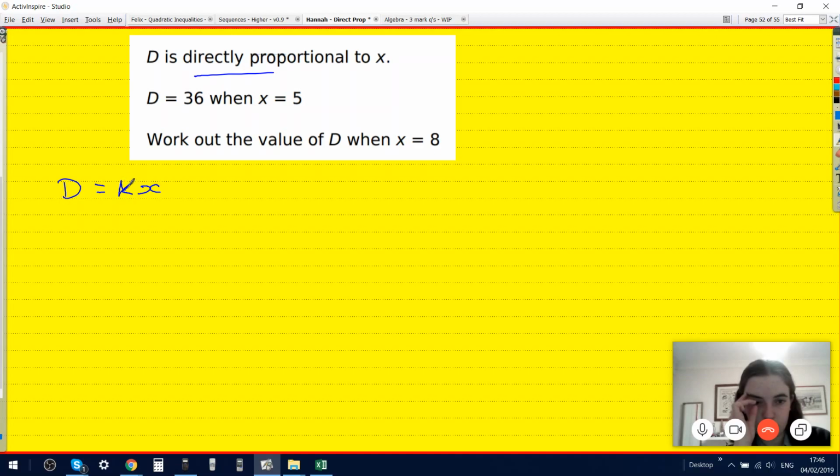Inversely proportional would be k divided by x. Oh, okay. So k equals d over x.